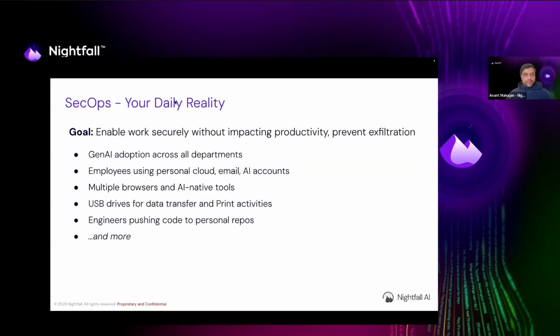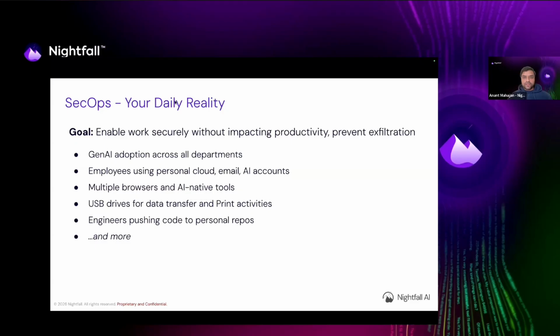In terms of all of you here, all security leaders, folks who are managing SecOps teams, this is your daily reality, right? One of your key goals is how do you ensure employees have the highest levels of productivity while also balancing securing corporate IP and preventing not just malicious or insider risk-related exfiltration behavior, but also unintended data exposure.